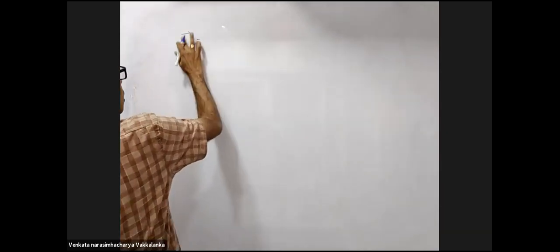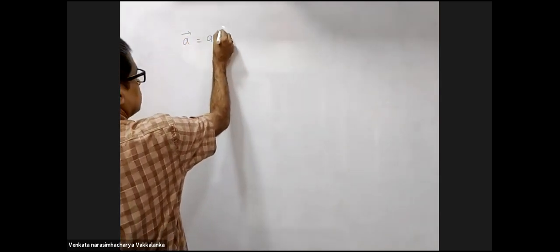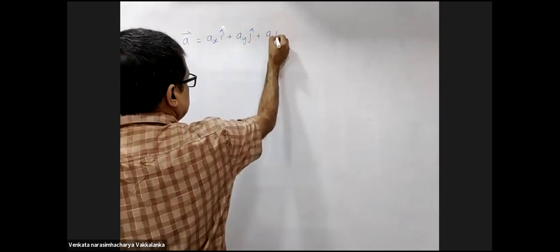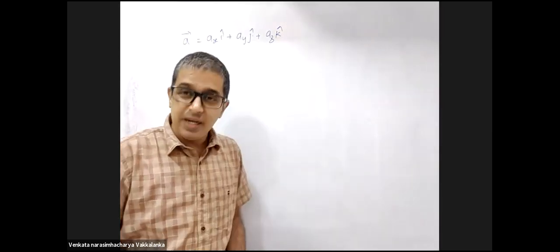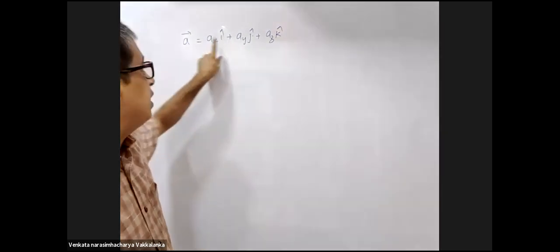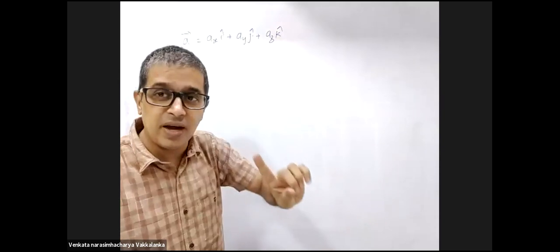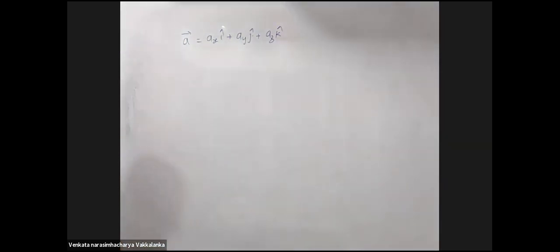Vector A is ax i cap plus ay j cap plus az k cap. What does this mean? It means that the tail of this vector is at the origin, and the head of the vector is at the coordinates ax, ay, az. All of you are aware of it? Yes, sir.